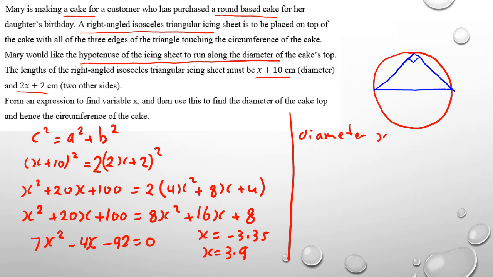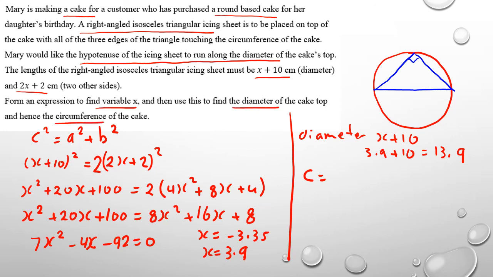So now the diameter equals x plus 10. So x plus 10 means 3.9 plus 10, and that is giving me 13.9. And so when they find the diameter, now the circumference, because the question says find the value of x, which is 4 pounds, and then use it to find the diameter of the cake, and then you're going to find the circumference.